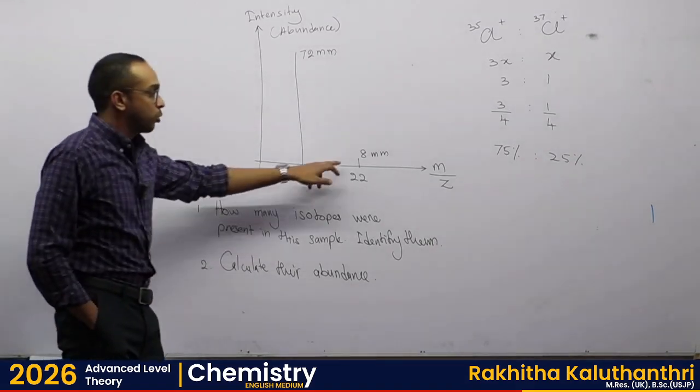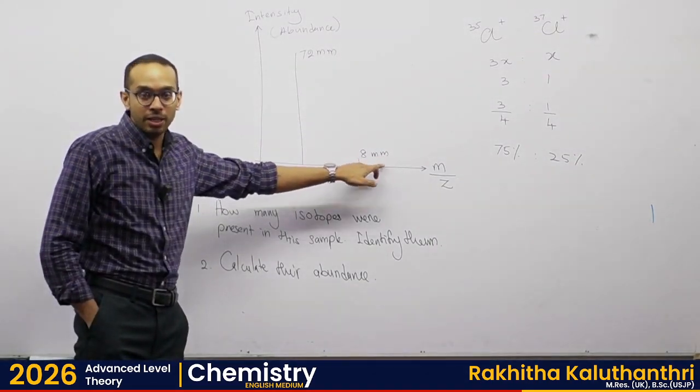Now, since you can't use a ruler to measure the heights, I have given you the heights. This is 8 millimeters.